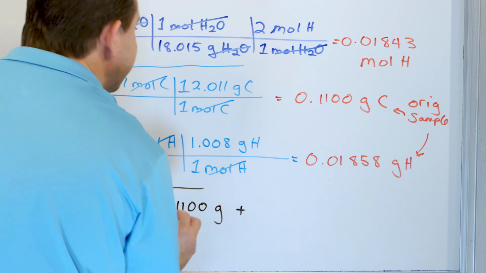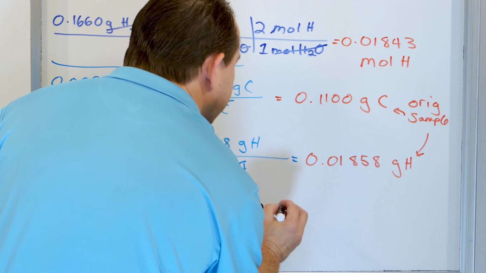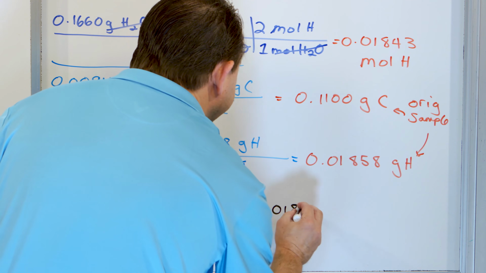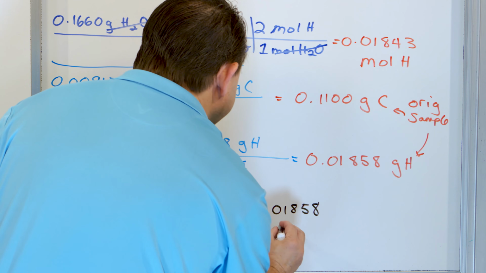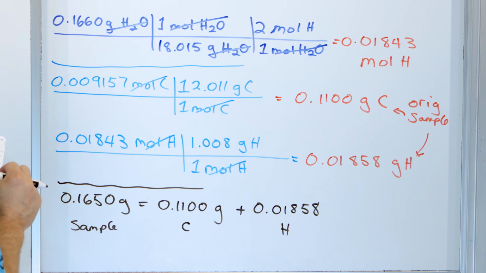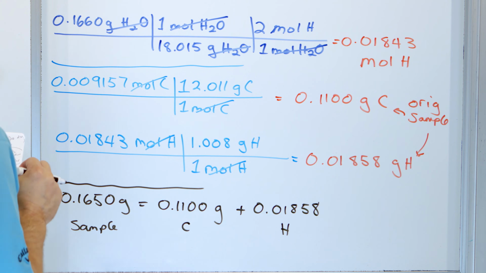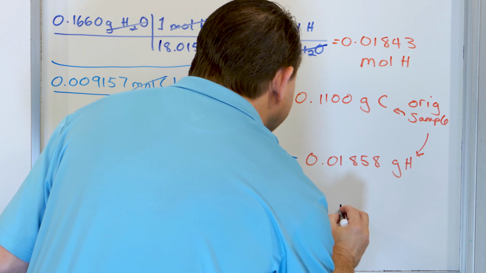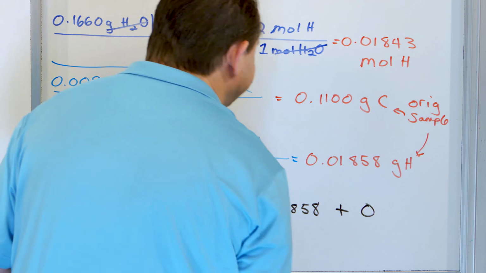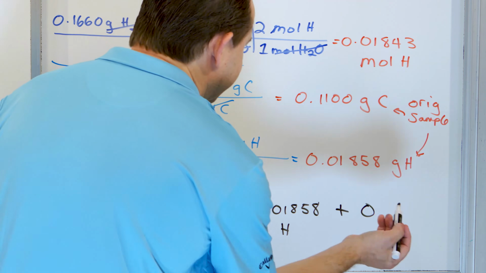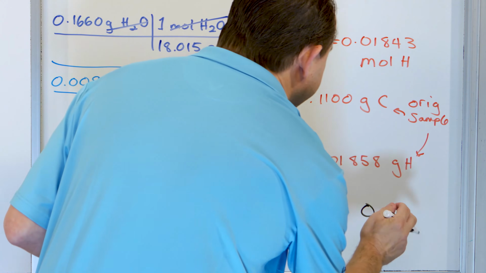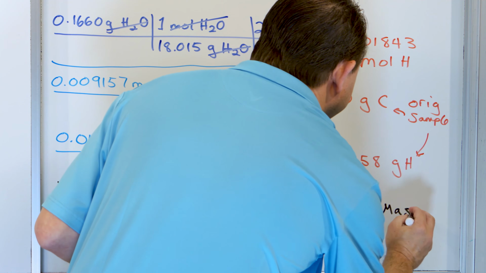And then you add to that the hydrogen, 0.01858. This is the hydrogen, right? Just double checking I'm writing everything down correctly. And then you're going to add to that the oxygen mass, right?